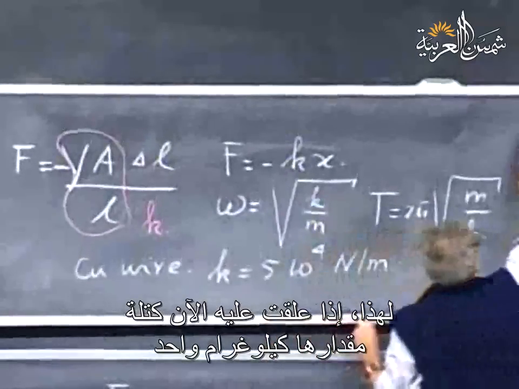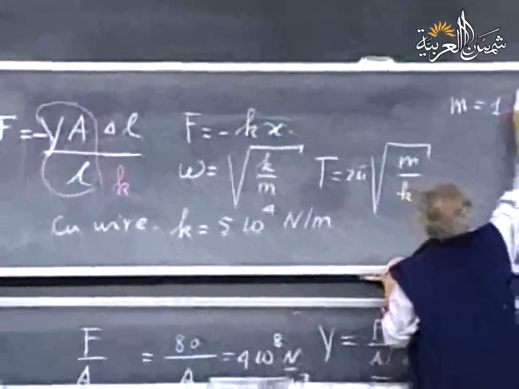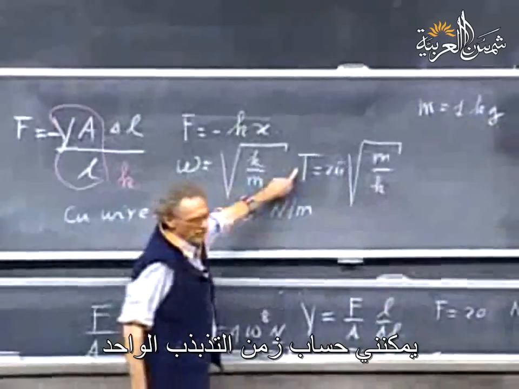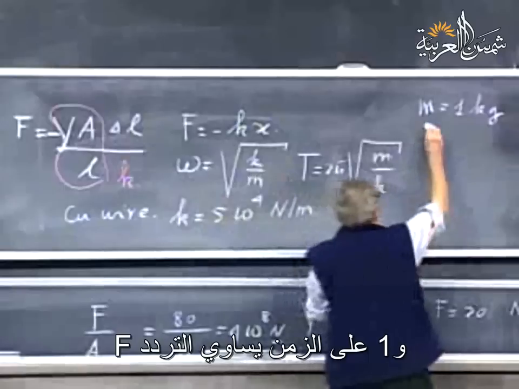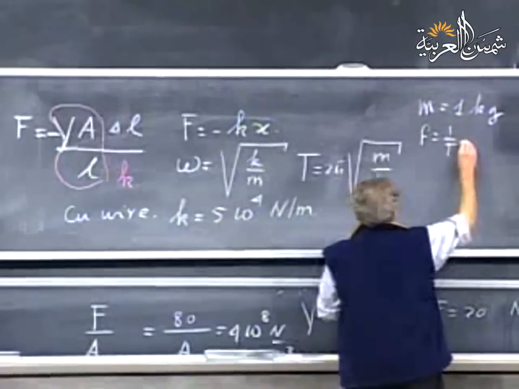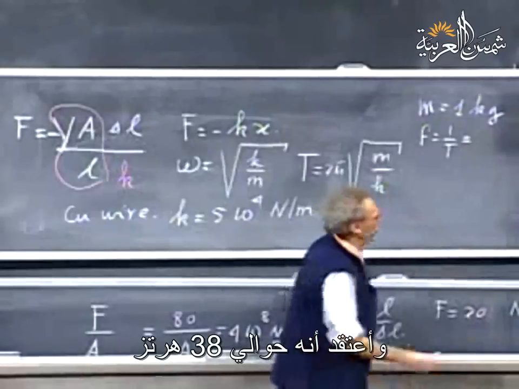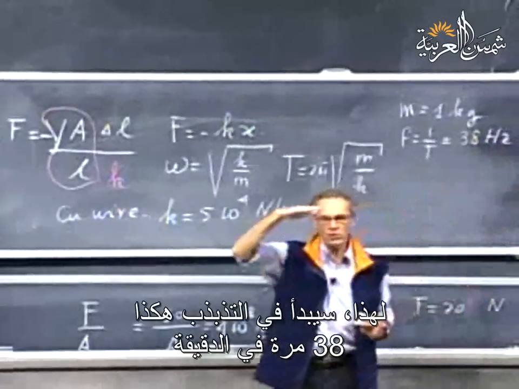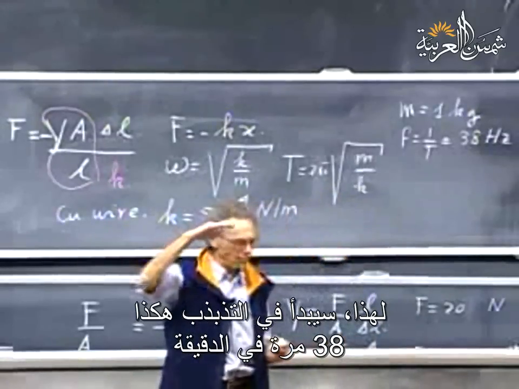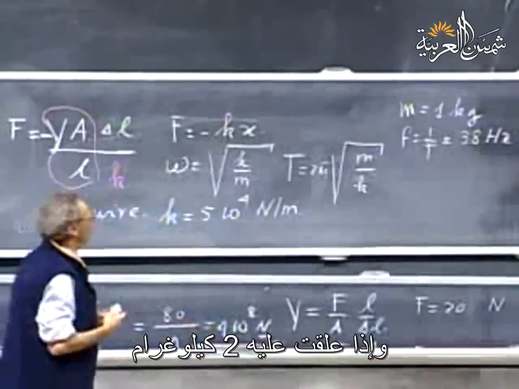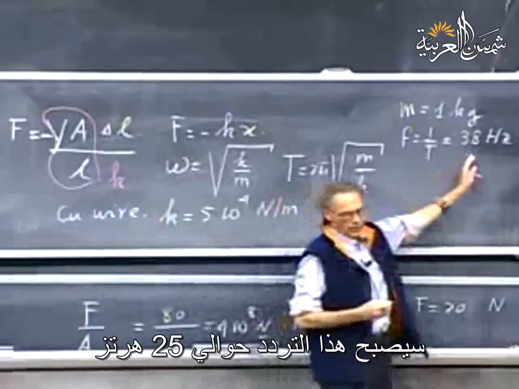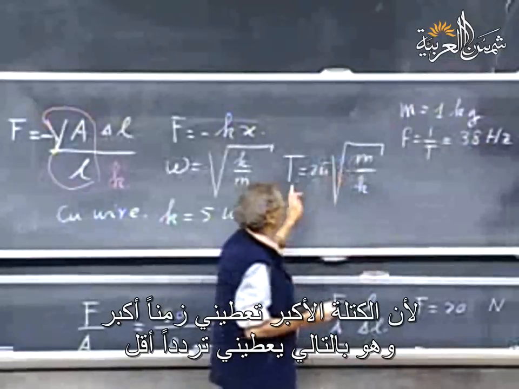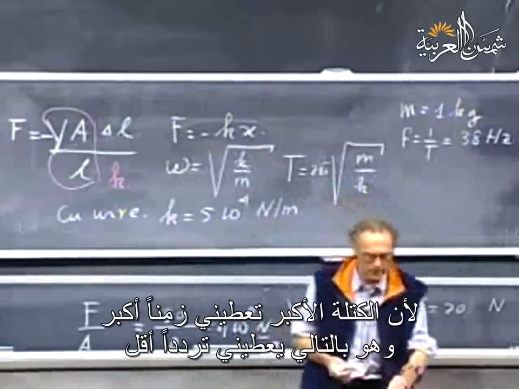So if now I hang on it a mass of 1 kilogram, I can calculate the period of one oscillation, and 1 over the period is the frequency f, and I believe that is something like 38 hertz. So it would start to oscillate 38 times per second, and if I hang 2 kilograms on it, then this frequency would become something like 25 hertz, because a higher mass gives me a longer period, it gives me a lower frequency.